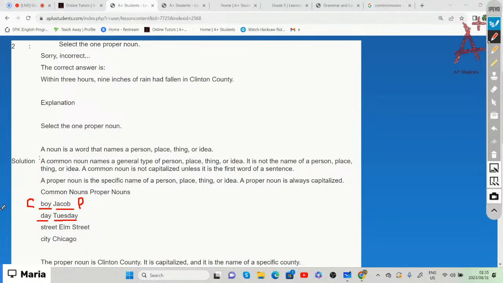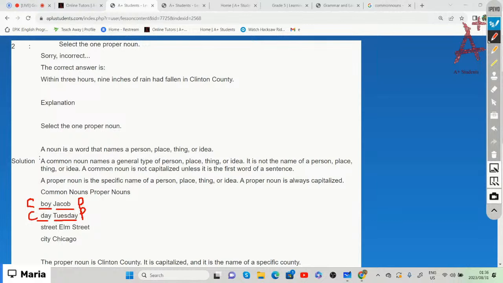But if you give a specific day, for example, Tuesday, we are going to the beach, then I know that we are specifically going that specific day. So day, which can be any day, is a common noun. And Tuesday, we are being specific about the day and we call this a proper noun. And as you can see, proper nouns are also written with a capital letter.